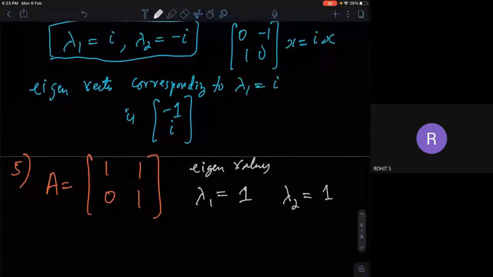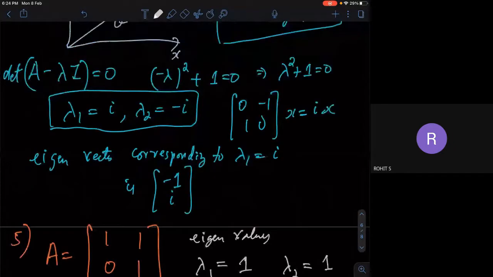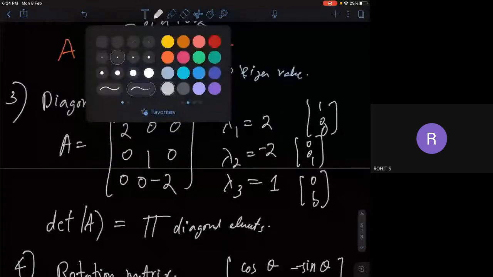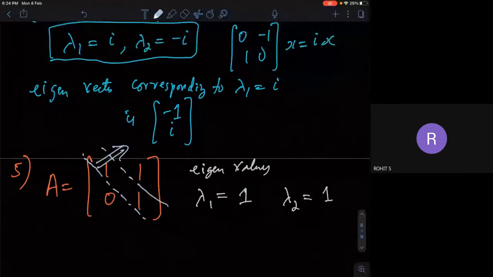And here's the thing. The eigenvalues of a diagonal matrix are basically the entries on the diagonal. But it's also true of what we have here. This is an upper triangular matrix. This is my diagonal, and only those entries above the diagonal are not zero, and those below are zero.